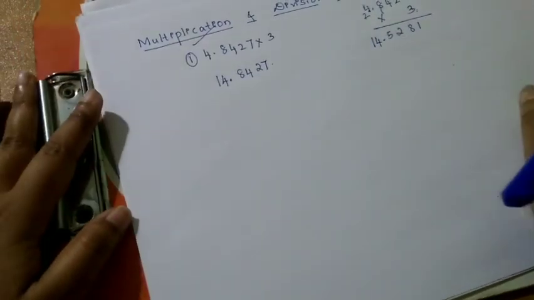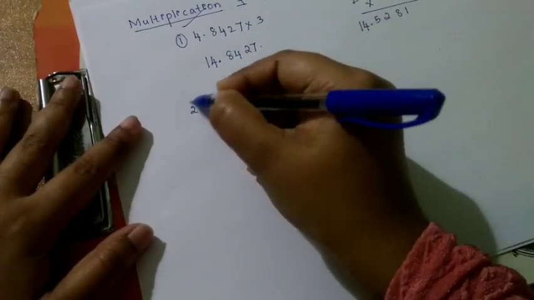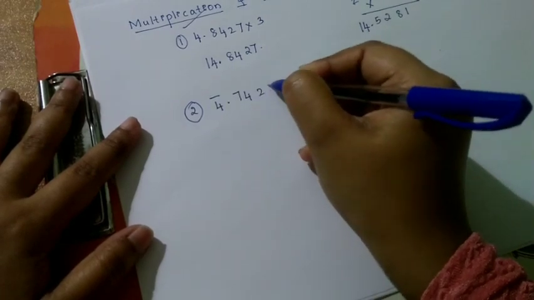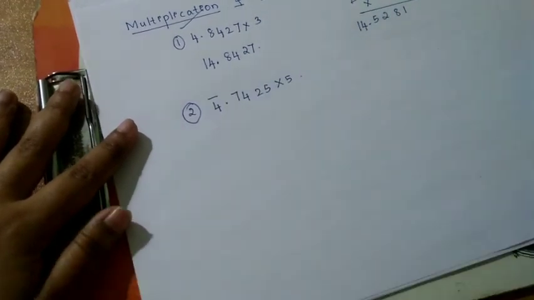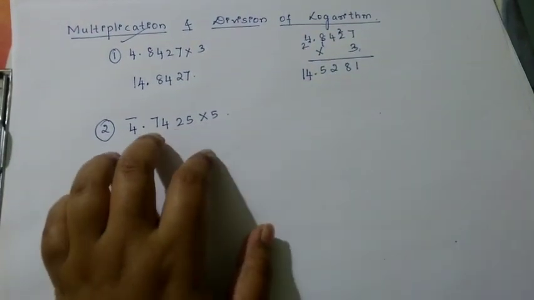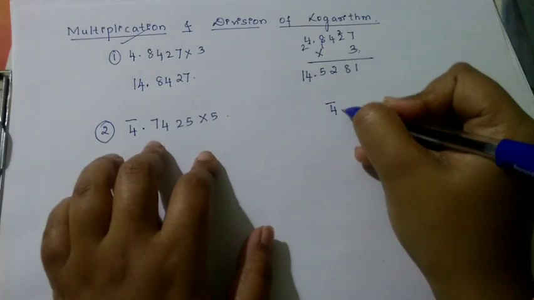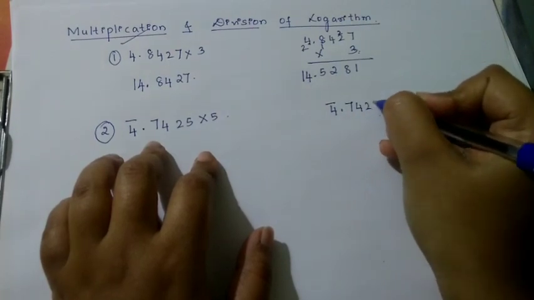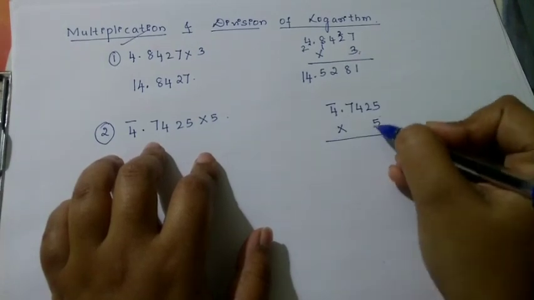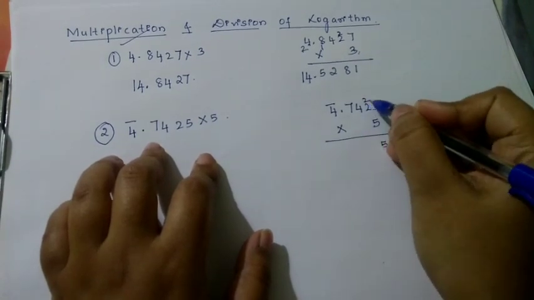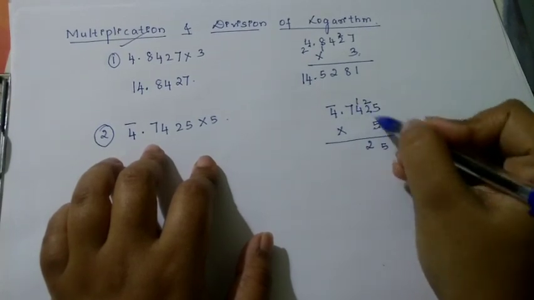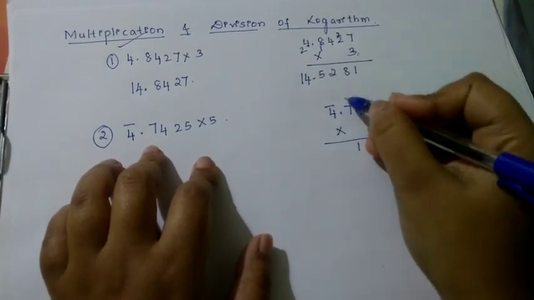Suppose there is a bar number, that is a negative number, say 4 bar 0.7425 into 5. Multiplying directly, 4 bar 0.7425 into 5. Okay, 5 5s are 25, 5 2s are 10, 11, 12, 1 comes here. 5 4s are 20 plus 1, 21.